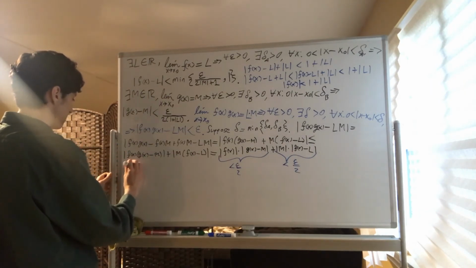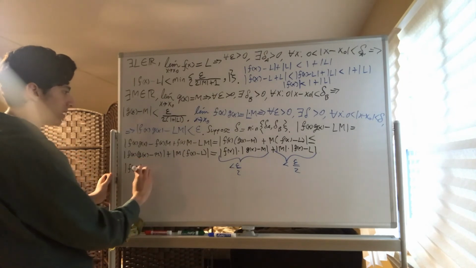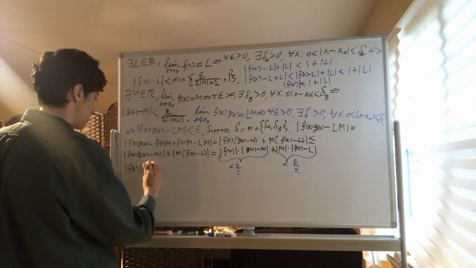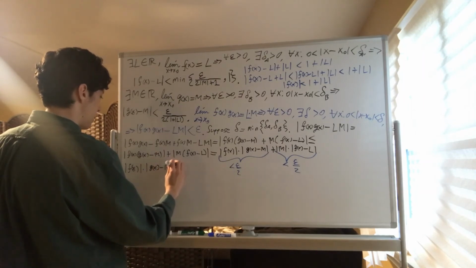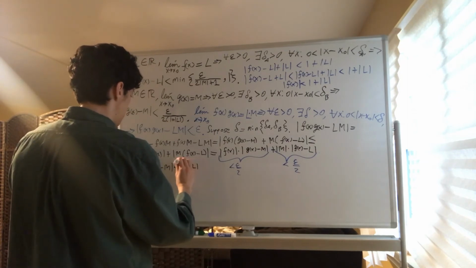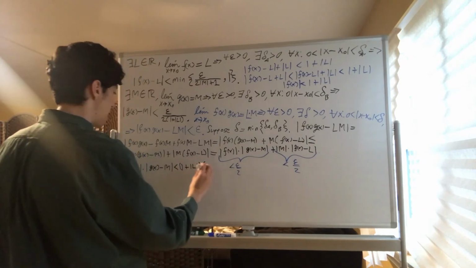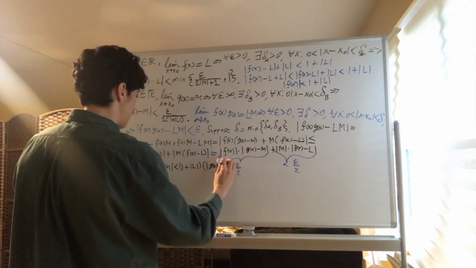So the absolute value of f of x times the absolute value of g of x minus m is less than 1 plus the absolute value of L times the absolute value of g of x minus m.